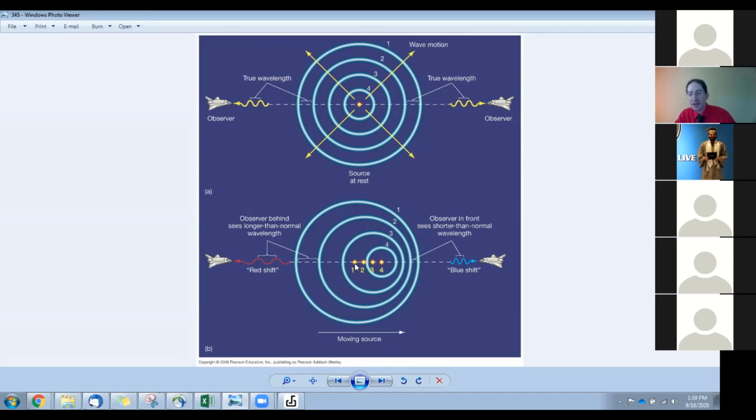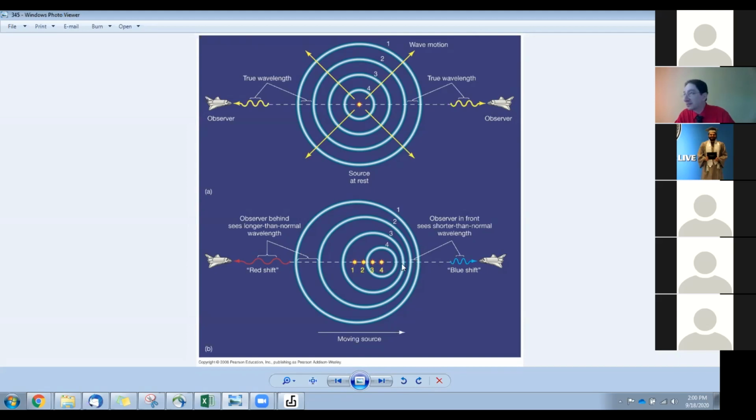The light that was emitted at time 1 is all the way out here, centered on the point that it was emitted. The light that was emitted at time 2 is again out here, centered on where it was when it was emitted, which is shifted because it's moving. Time 3 is centered here, time 4 is centered here. Since the source is moving, the waves get compressed in the direction of motion.